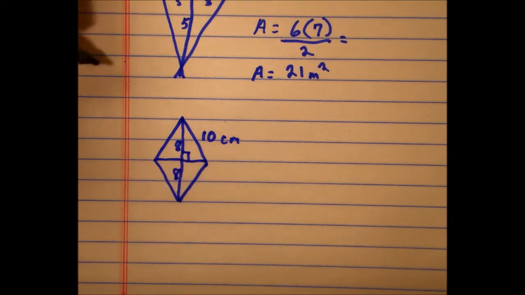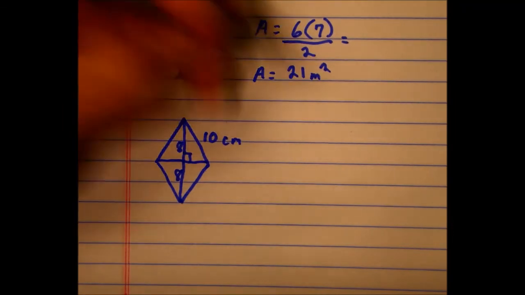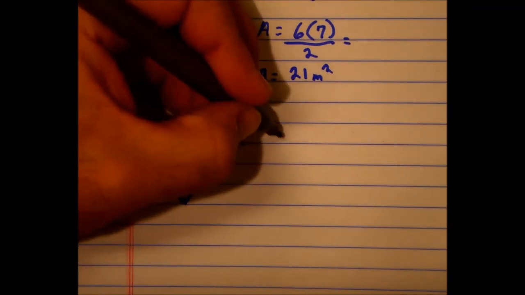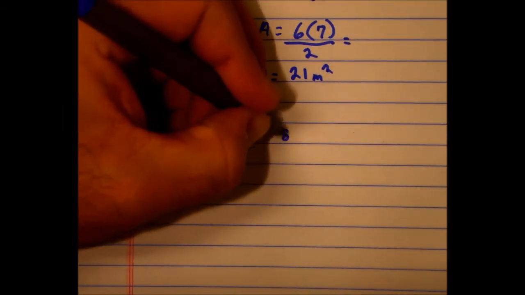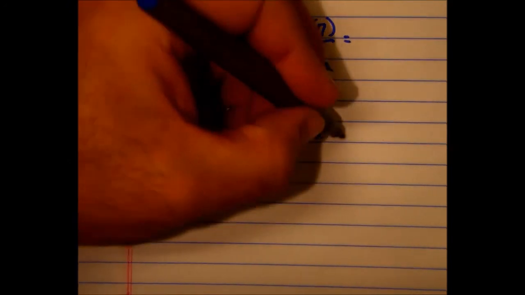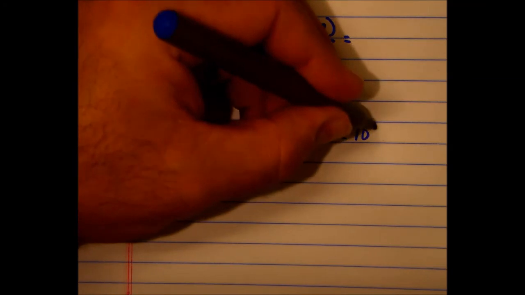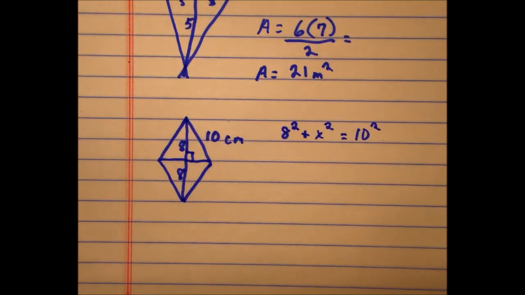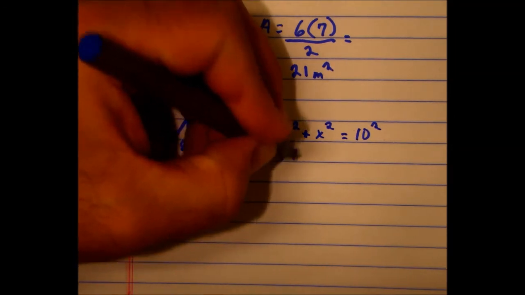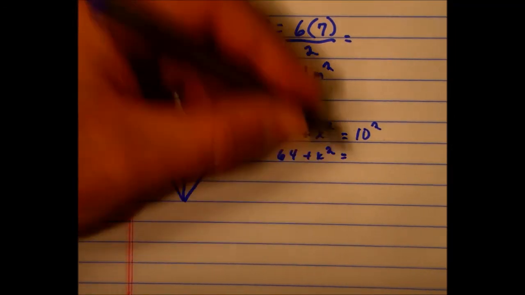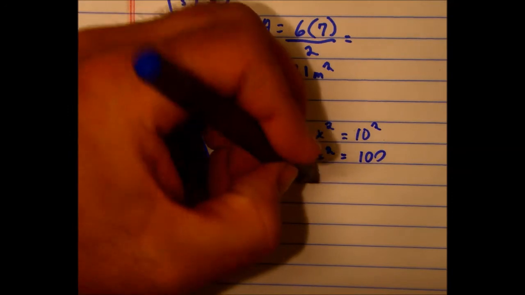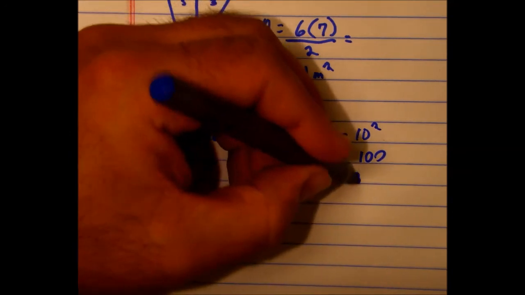So hopefully you know you're going to do a squared plus b squared equals c squared. But you're missing one of either a or b. It doesn't make a difference. The important one in that problem is making sure that c squared stays by itself. And then we do our algebra again. 64 plus x squared equals 100. X squared equals 36.